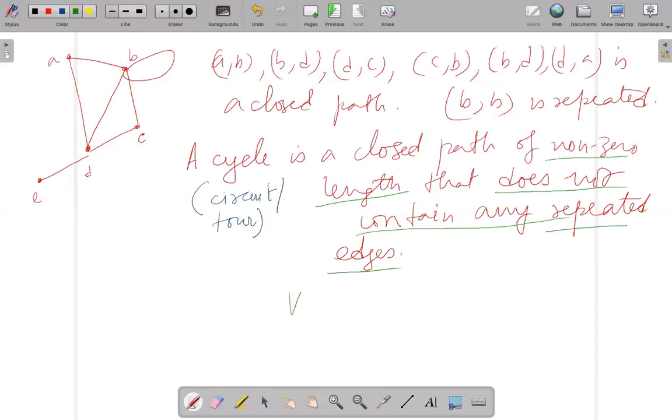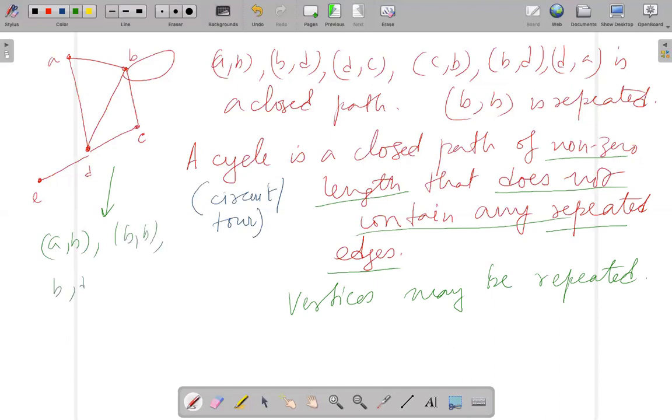However, vertices may be repeated. For instance, in this particular example, this is a cycle.